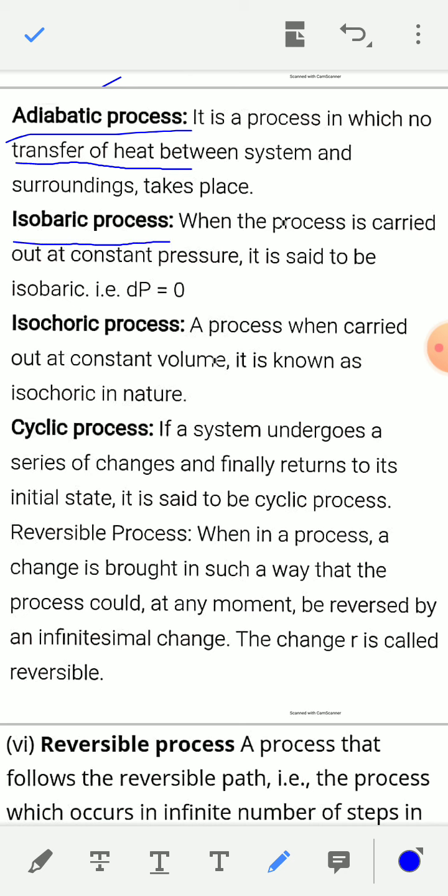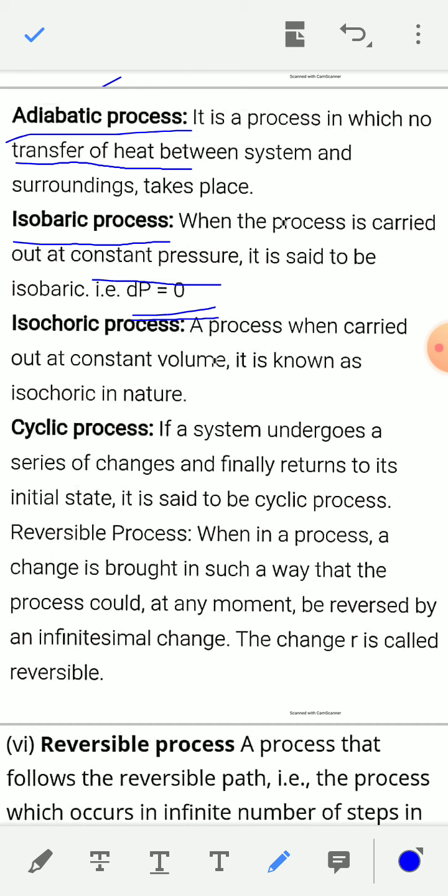Next, isobaric process. Iso means same, baric means pressure. Isobaric, same pressure. Pressure remains constant. When the process is carried out at constant pressure, delta P is equal to 0. Initial and final pressure remain the same.